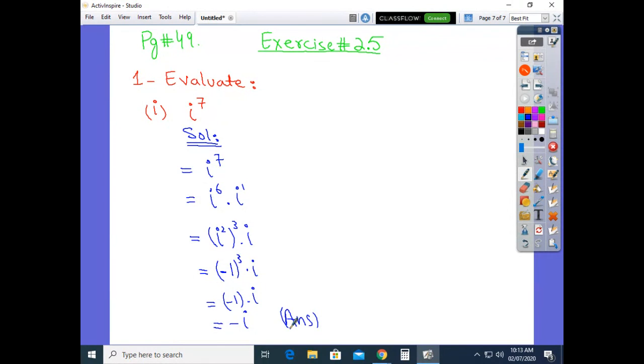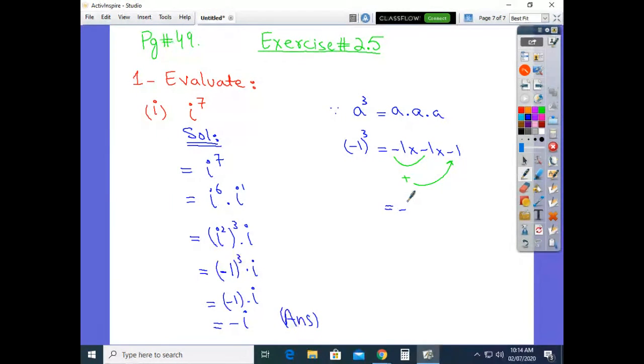No, it will not vanish. If you have studied in lower classes, if we have a cube of any number, for example a cube, we multiply a 3 times. Clear? If we have a cube of negative 1, we multiply negative 1 three times. Here we see that negative and negative becomes positive, and then this positive with the next negative again becomes negative.